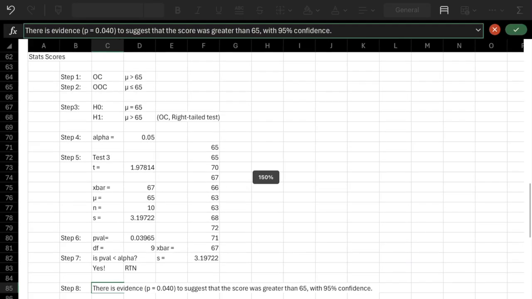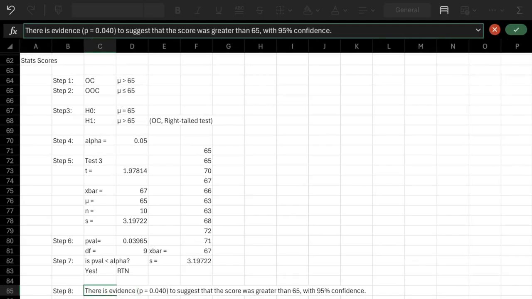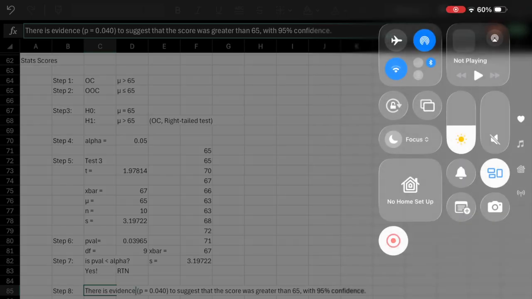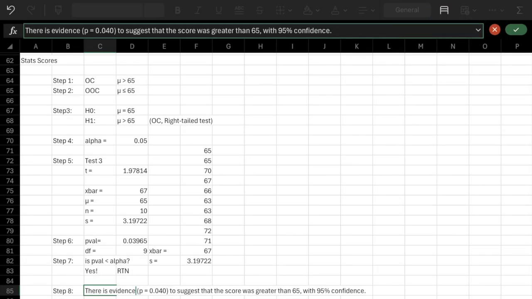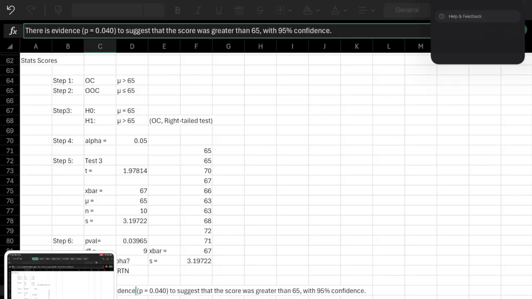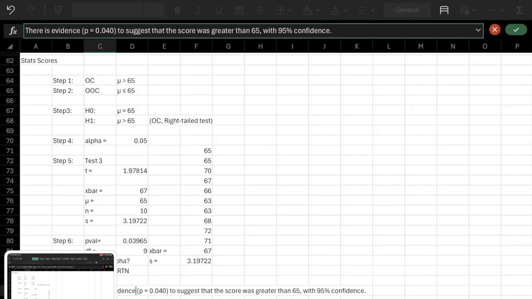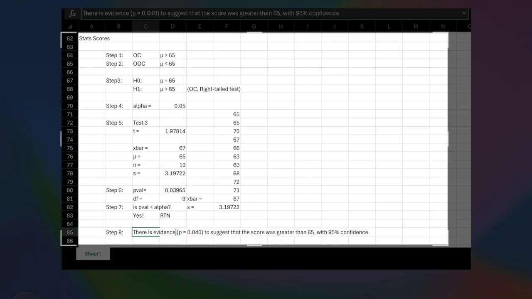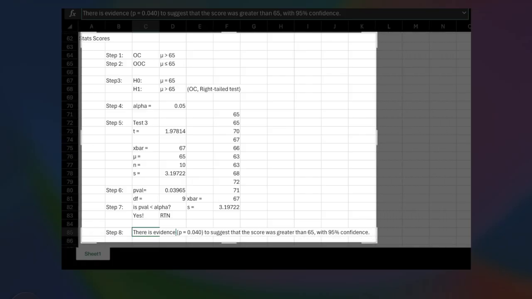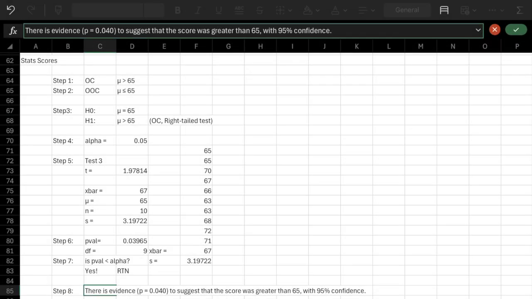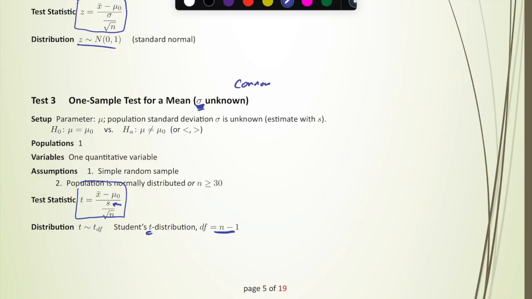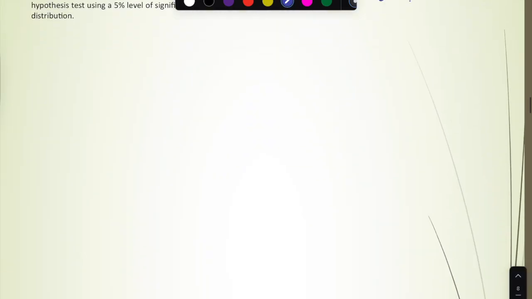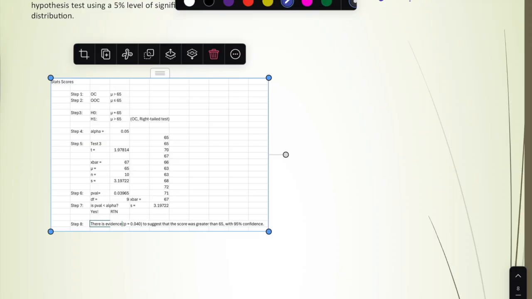All right. Let's go ahead and screenshot that and move on. Where's my screenshot? Here it is. Delete. Back to Notability. Scroll down here. Boom. Paste.